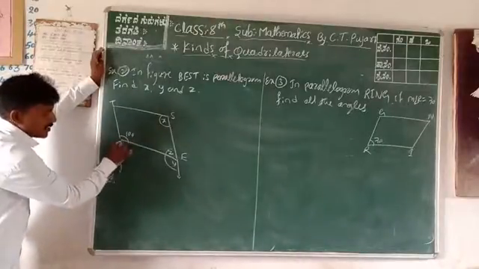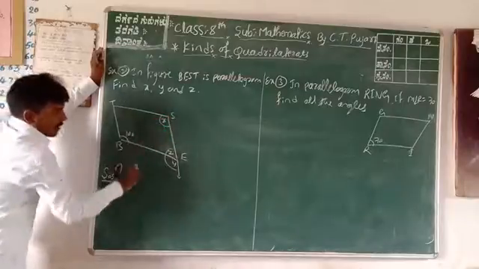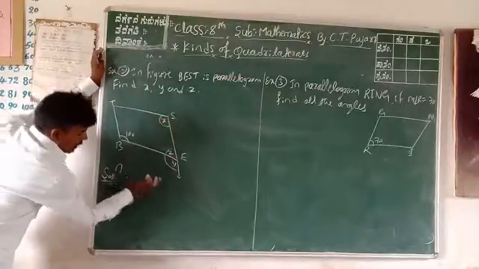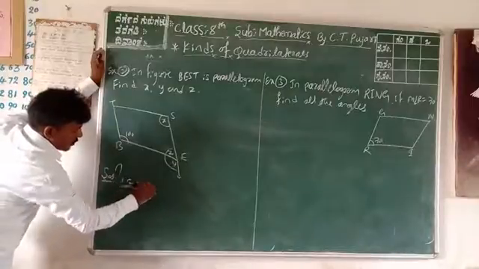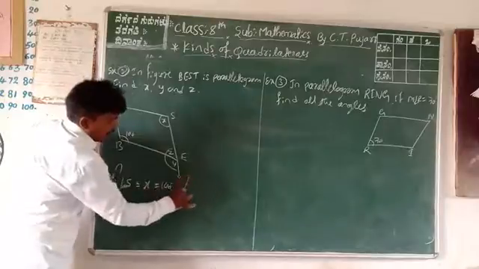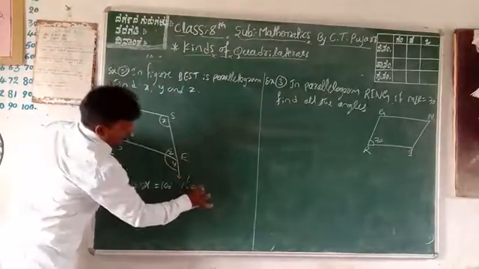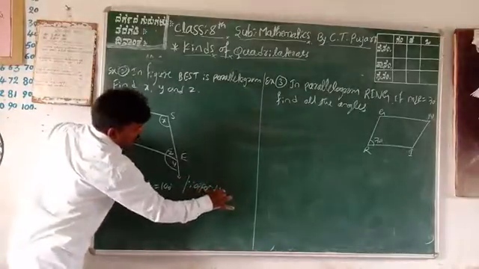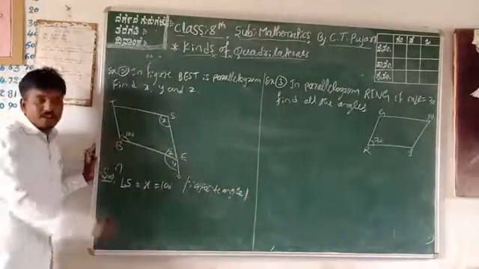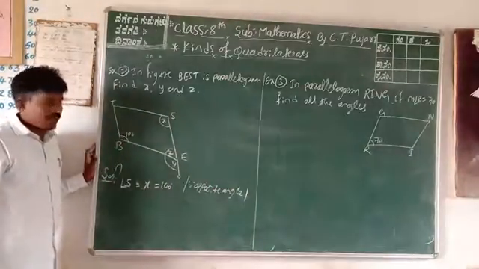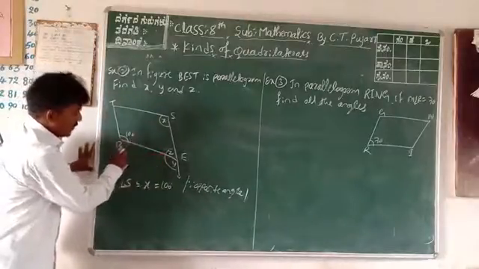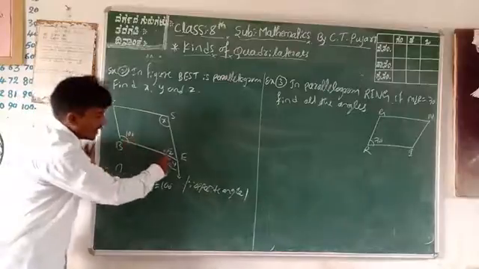Therefore, angle B is equal to 100 and also S is equal to 100. X, or otherwise angle S, is equal to 100 degrees, because opposite angles are equal in the parallelogram. First one is over. Next, B angle is equal to 100. What about Z angle?